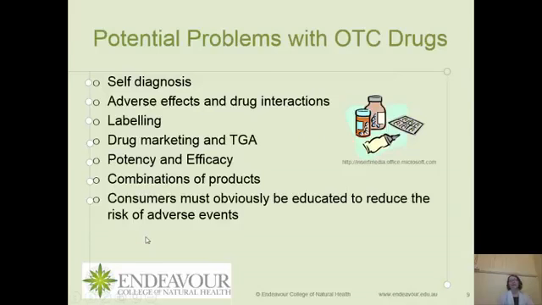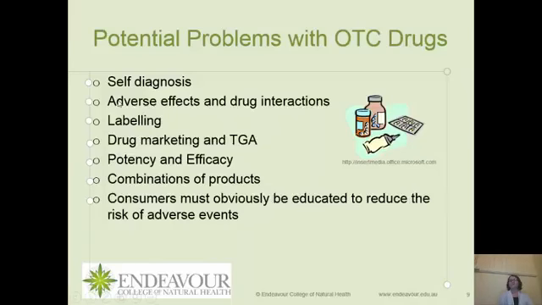Once again, some of the issues that surround access and sale of over-the-counter medications parallel some of the problems that might occur with complementary medicines. One of the major issues is this idea that clients self-diagnose problems and then access those medications to treat these minor symptoms.